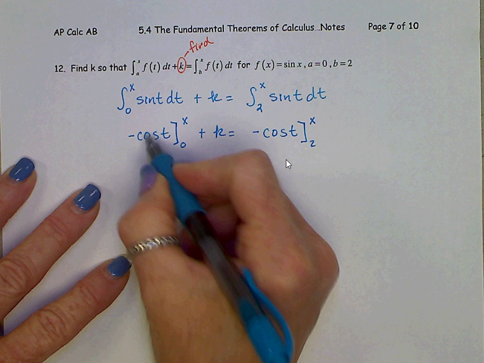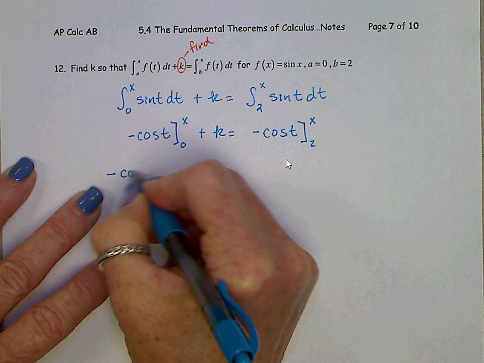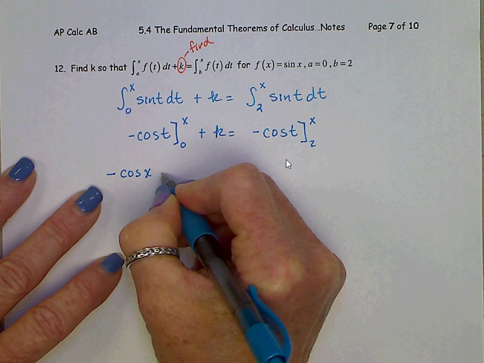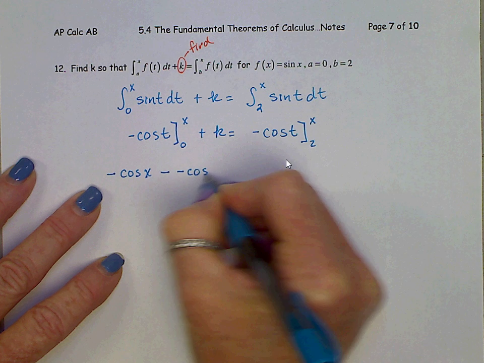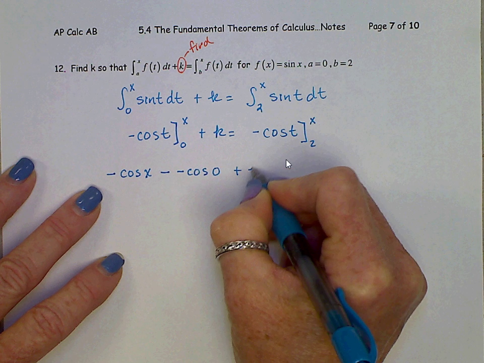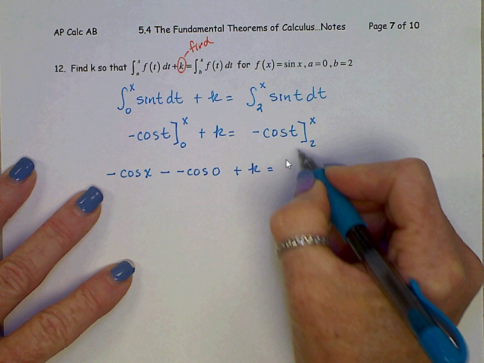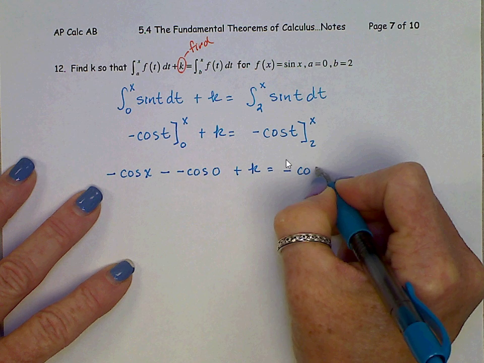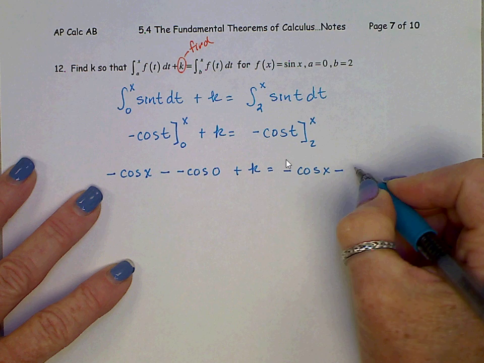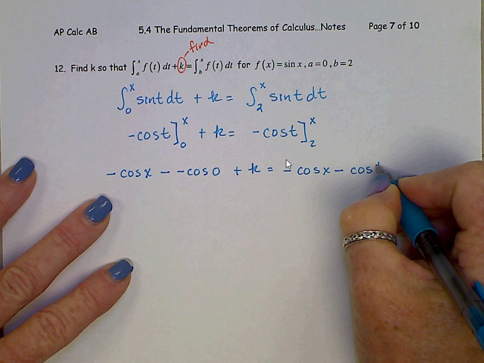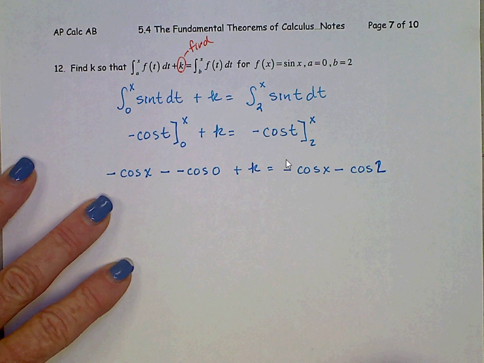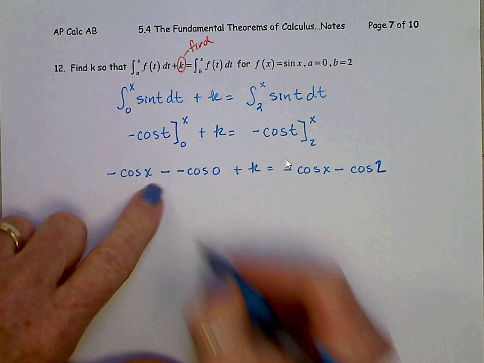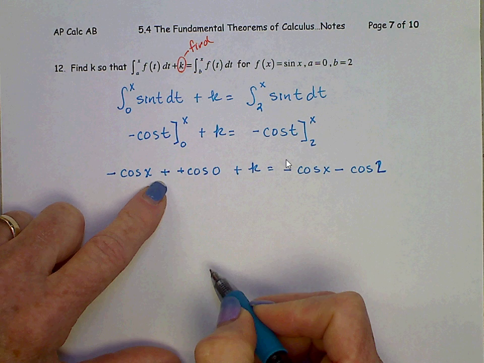And then subbing in here, so we'll have negative cosine x minus negative cosine of 0 plus k is negative cosine x minus cosine 2. All right, this minus the negative, that becomes plus a positive.